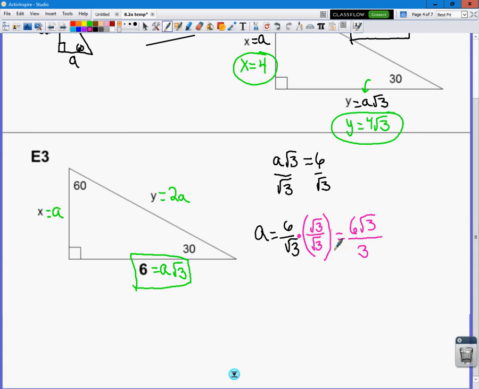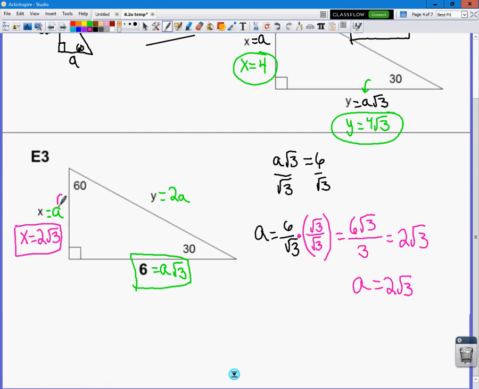This can be simplified because 3 goes into 6 how many times? So, a in this case is 2 square roots of 3. How big is x? 2 square roots of 3.